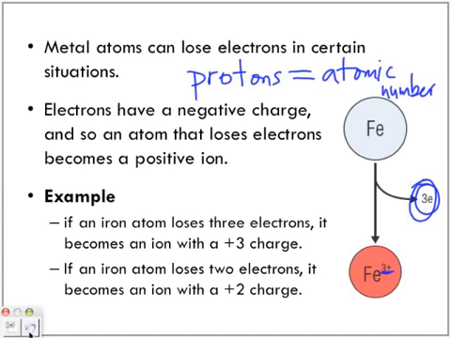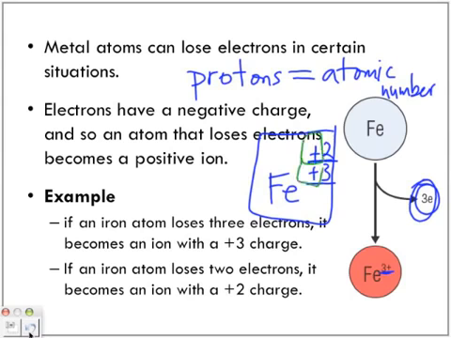And if you look at that box that we saw before, we saw the +2 and the +3. And if you look at your periodic table, you'll find iron like that. And that's what it means. When you see the +2, it means that we lost that many electrons. If it says +3 or if it says +1, it means we've lost that many electrons. Now, all the metals are the ones that actually have this positive charge.